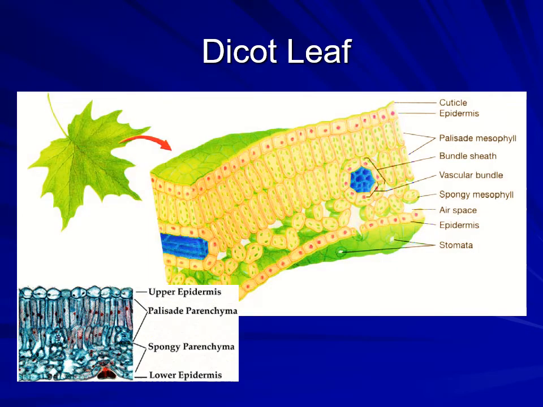So some review. A dicot leaf has stomata primarily on the bottom, has spongy mesophyll, has palisade cells, has an upper and a lower epidermis, and has a cuticle, and has a vascular bundle with xylem at the top and phloem at the bottom.